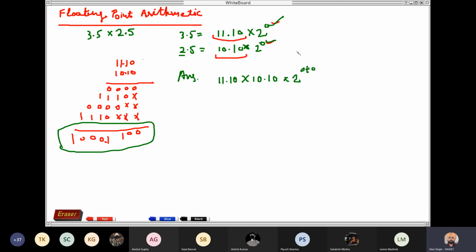This we have already obtained: it is 1000.1100 into 2 power 0. We can now neglect the power term because it is 1. So this is the product of the two given numbers. Now we can verify the result by converting it back to the equivalent decimal value. Now 1000 represents 8.